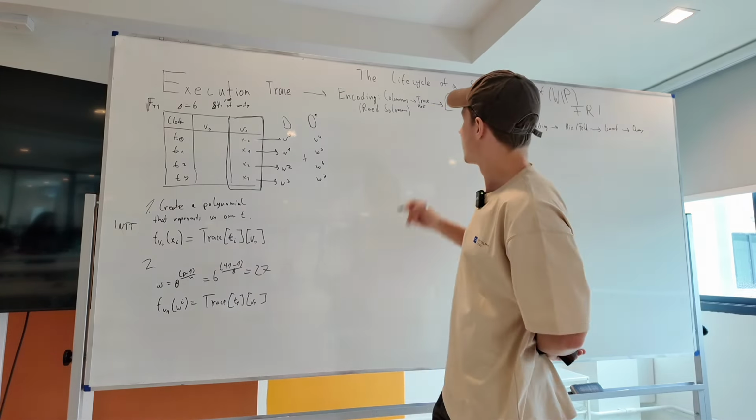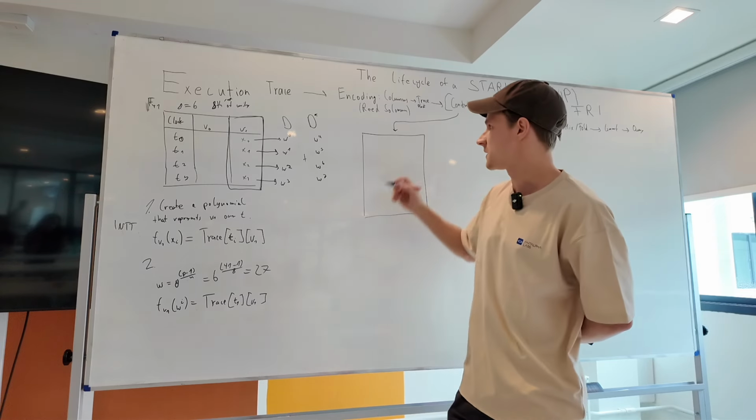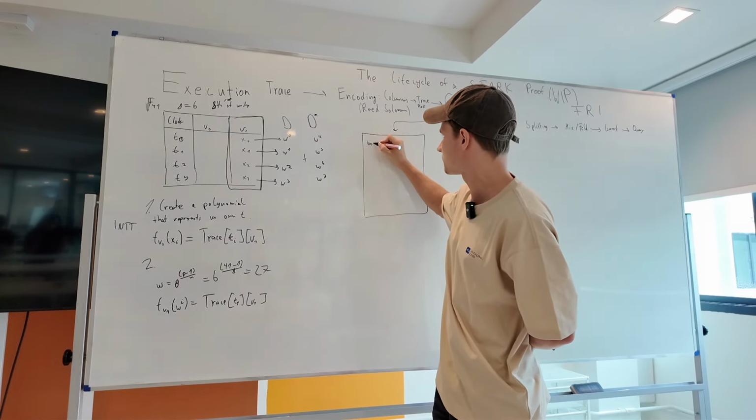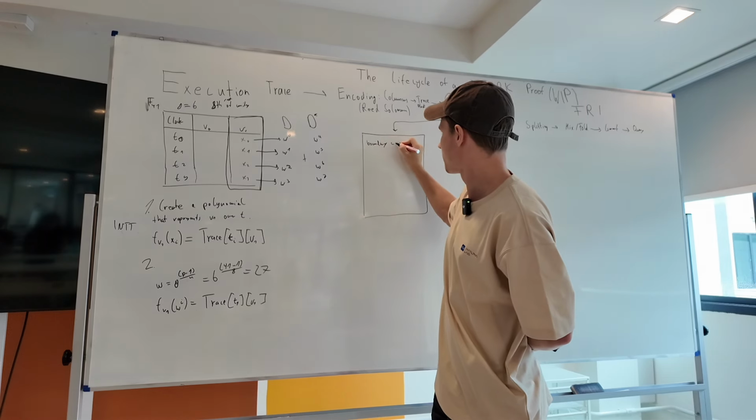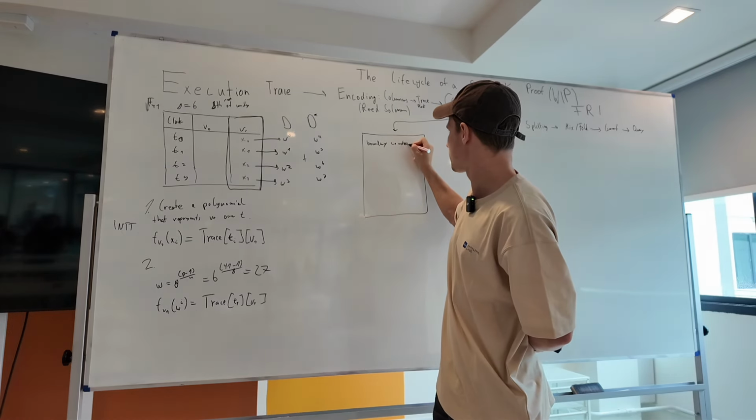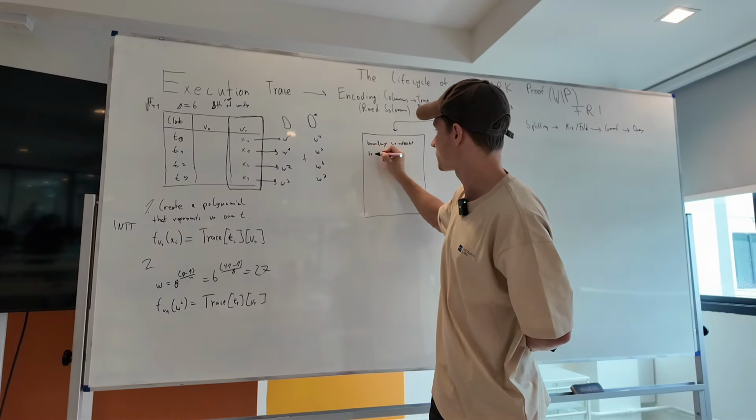Okay, now I have to say the caveat here is that it's not as simple as this. There's this big black box, which is the constraint part. Because we wouldn't commit directly on the trace polynomial. Here would be the boundary constraint, we would have the transition constraint, and then all the different trace polynomials that we're constructing here.